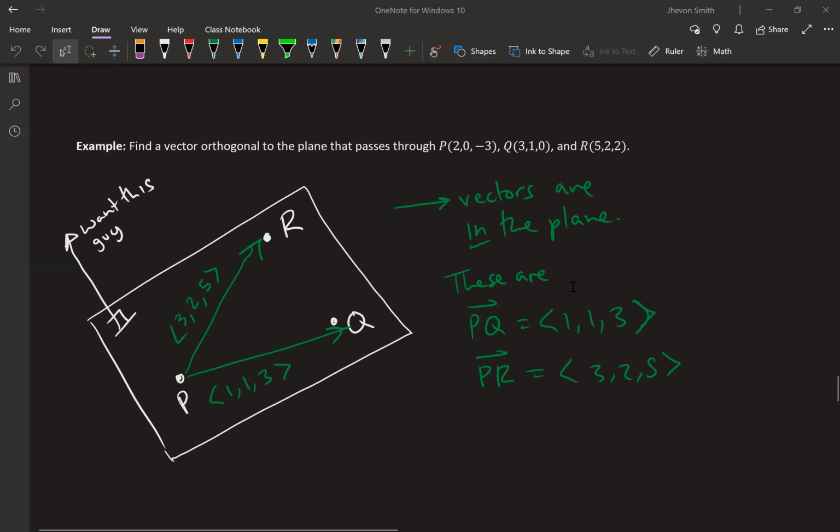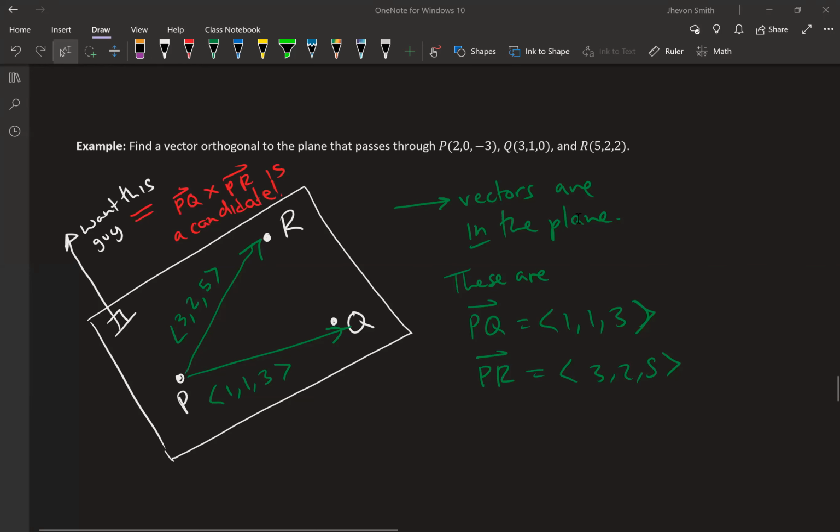So to find this guy, what I could do is just take PQ cross product with PR, which is a candidate for this guy. Right? This was the whole point of what we were developing this whole time.